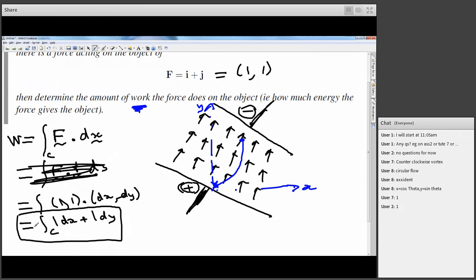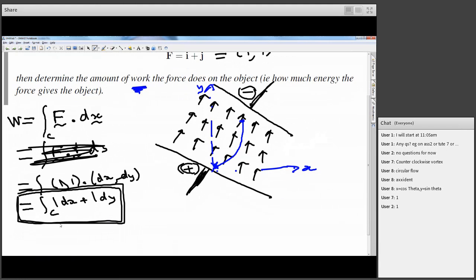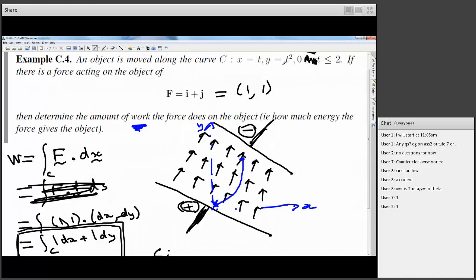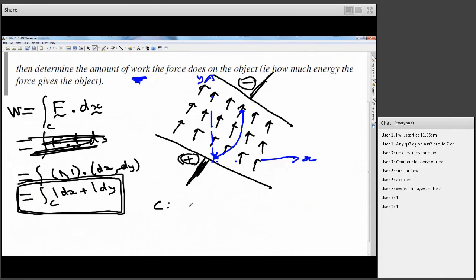Often, as you'll see, the questions you'll get end up being just like this last form, what's in the box here. The way to do these is really just to parameterize the curve. In this case, we were told to. It's a parabola, so x equals t, y equals t squared, and t is between 0 and 2.